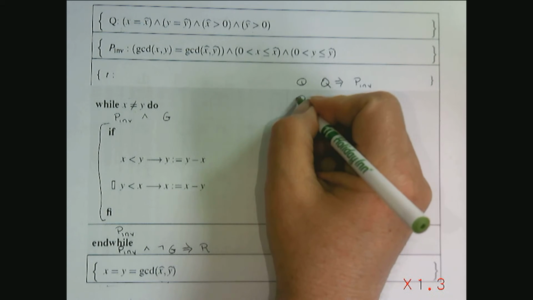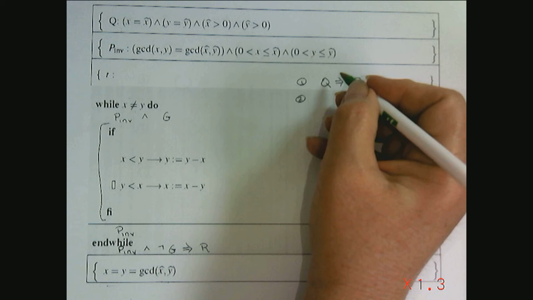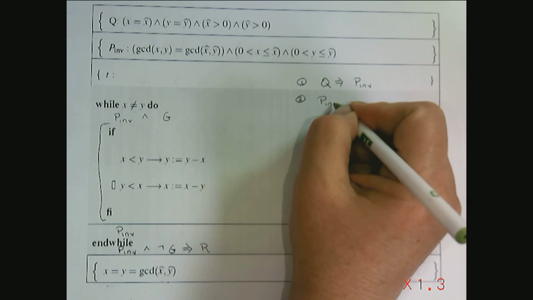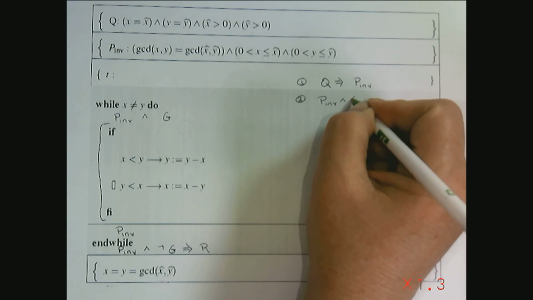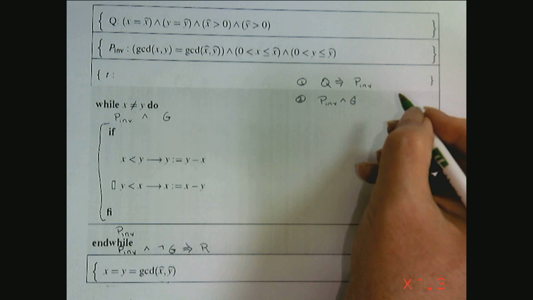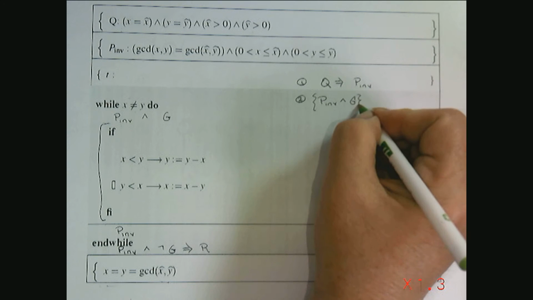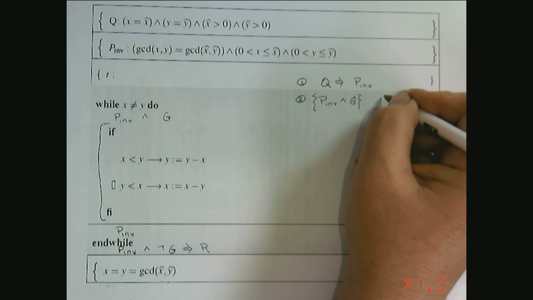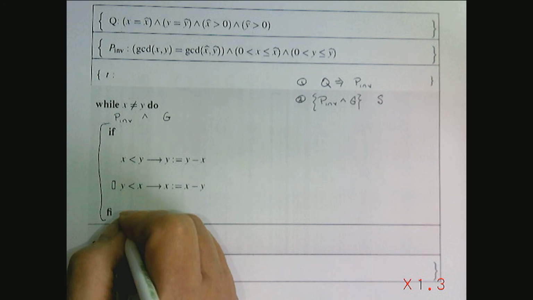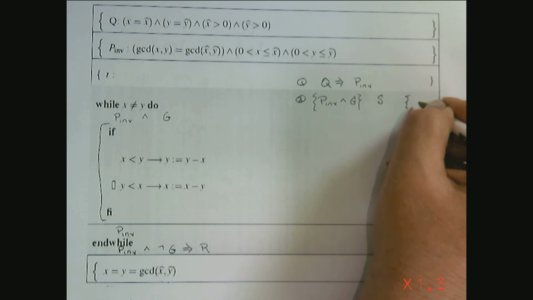Then we would need to prove that if the invariant holds and the guard holds, so we do perform an iteration, then we perform the command and end up in a state satisfying the invariant again.